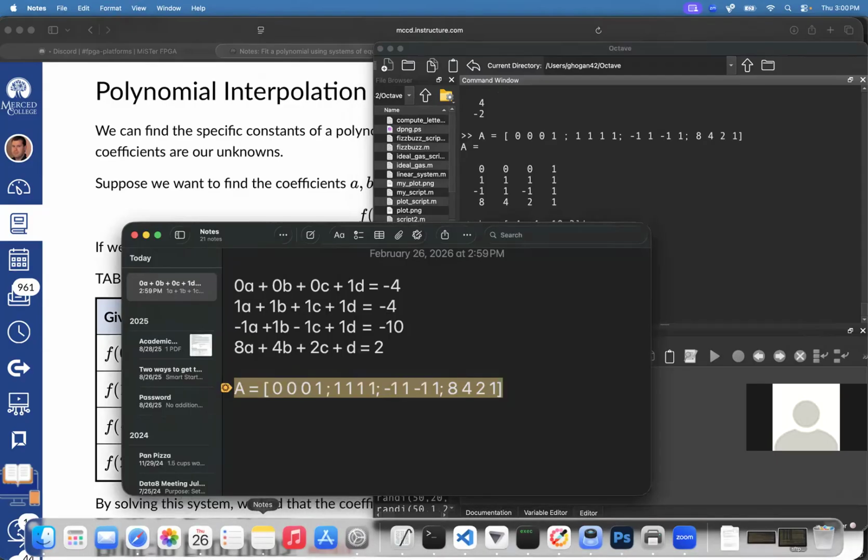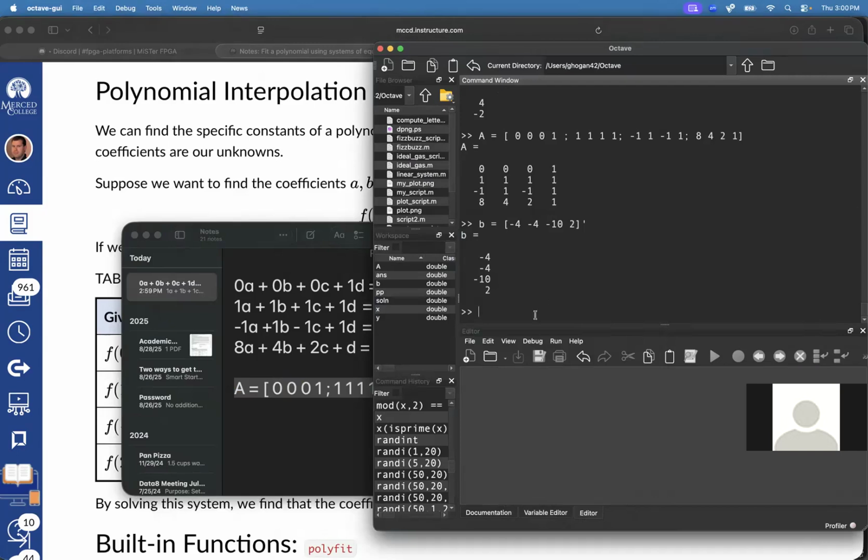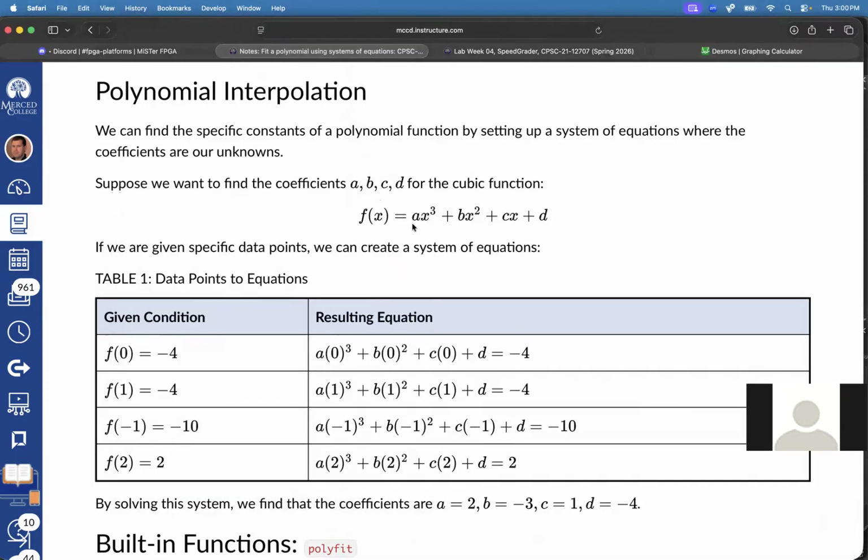And then to solve it, we do x equals A backslash B like we've done already once. And look at that. So we get our solution. So these are the A, the B, the C, and the D to make a third degree polynomial go through these points.